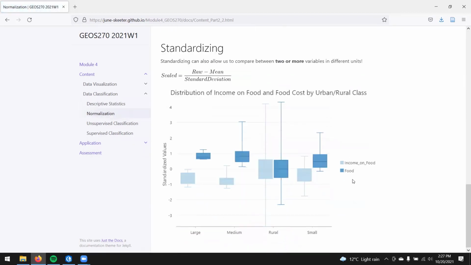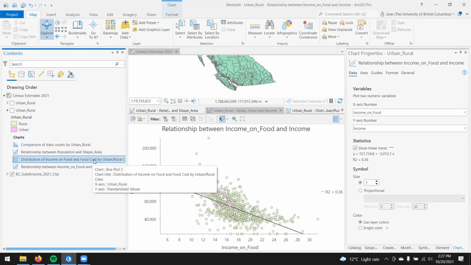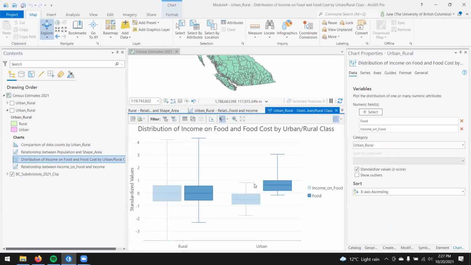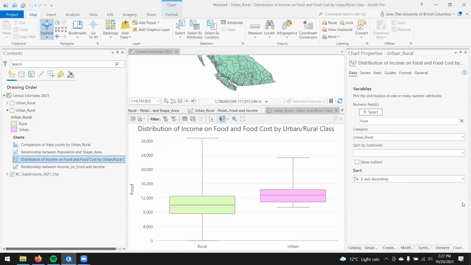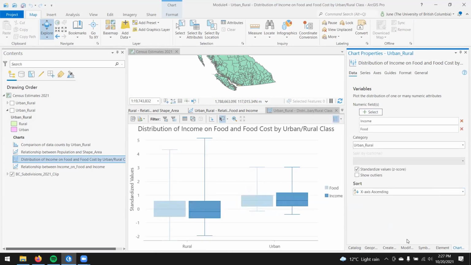And so we can do this with box plots in ARC if you want. Box plot. So if you just have one value, then it's just going to show you the actual values that you're looking at. But you can add multiple, right? So say you also want to look at income, then it will scale those.